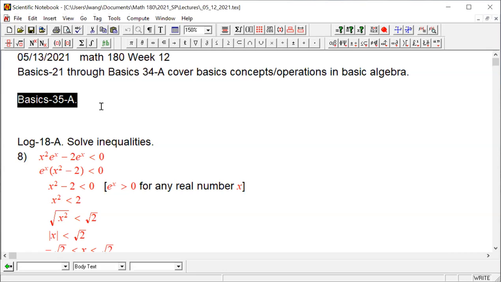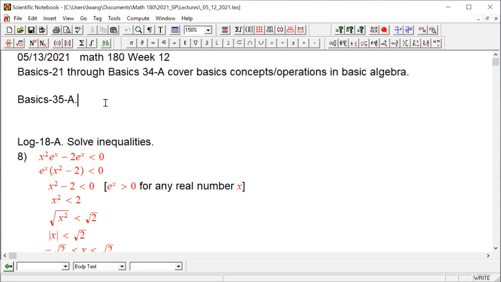Okay, let me say it again. Whatever we're going to do in 35A is going to be, suppose we do it in 2 steps, 3 steps, 5 steps in 35A, some of these questions are exactly the same question from your calculus textbook.